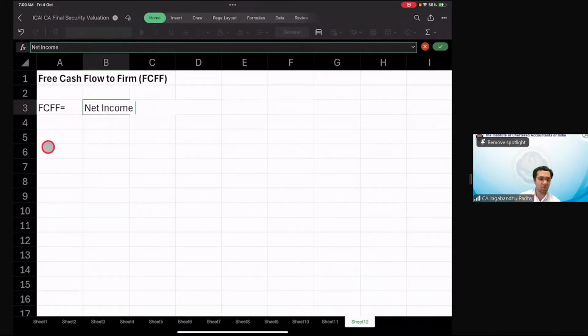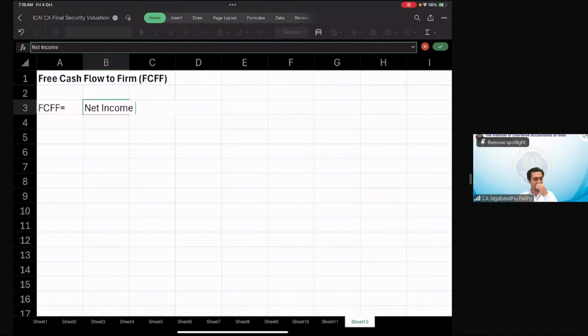Now, since we are talking about free cash flow for the firm, does it mean only equity shares? When I say free cash flow for the firm, am I trying to calculate cash flow for only the equity shares? Because the nomenclature is free cash flow for the firm.